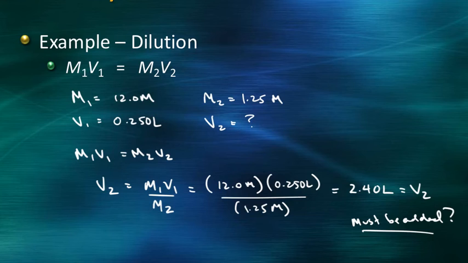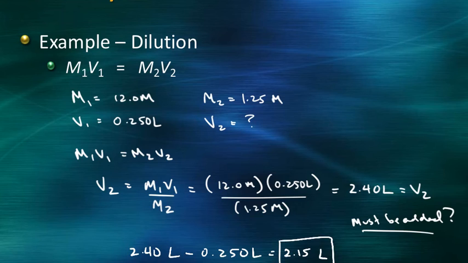So to figure out how much must be added, we'll take the 2.40 liters and subtract from that the initial volume of 0.250 liters. We're going to round this to the hundredths place, okay, and that's going to give us, let's see here, so 2.4 minus 0.25, that's 2.15 liters, okay.